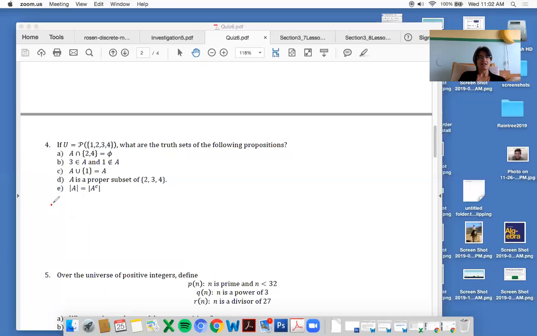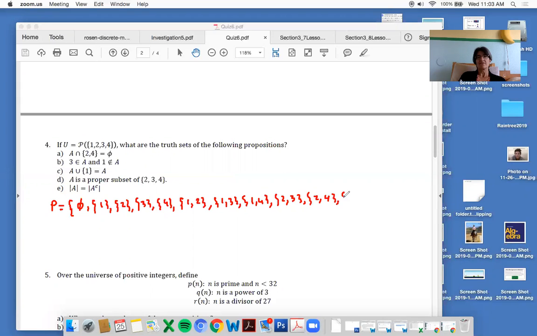Okay, so let's list. If you look at the power set, it's going to be the null set and then all the sets with one element in them. Then you have the 2 element subsets: 1, 2; 1, 3; 1, 4; 2, 3; 2, 4; 3, 4.